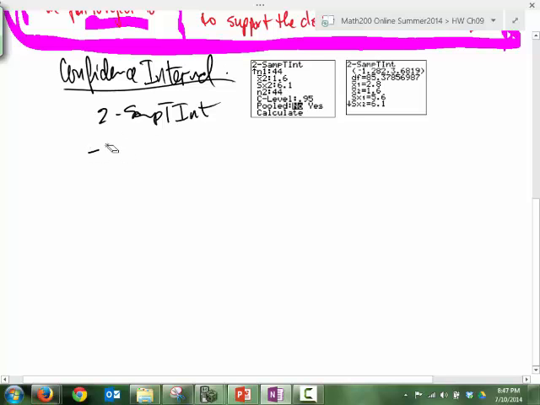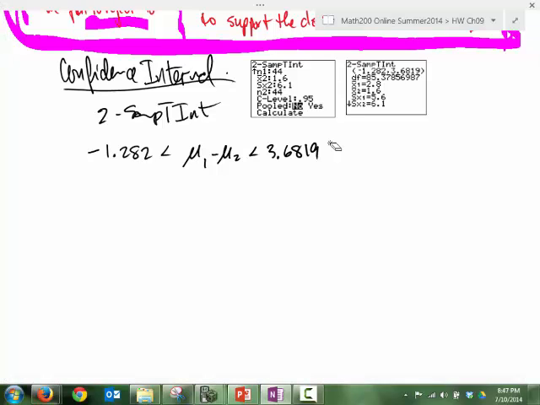So this is a negative 1.282 less than, and since this is a difference between the two means, it's going to be mu1 minus mu2, less than 3.6819. So we can write this down and we are 95% confident that blah blah blah.